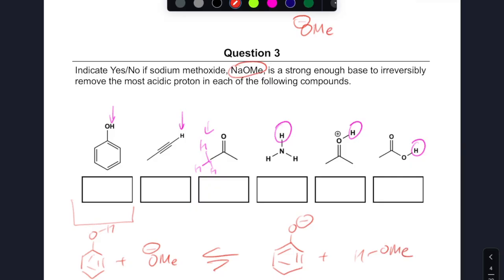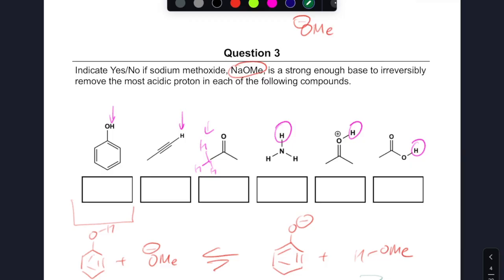And if I'm going to determine which one is irreversibly deprotonated, it has to completely favor deprotonation. Usually that's something where we're within about 2 pKa units of the different respective acids.